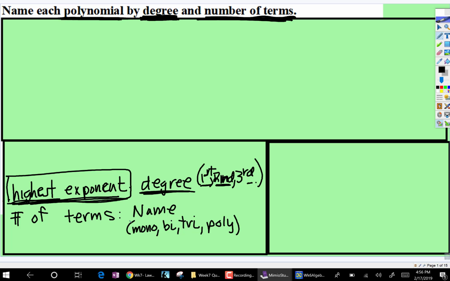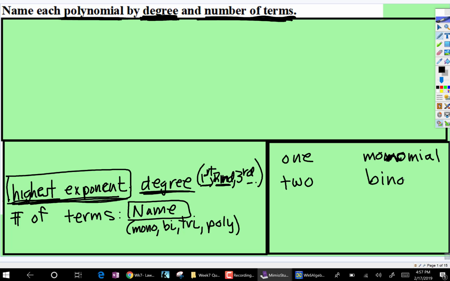And then the name comes by the number of terms. So if there's one term, it's called a monomial. If there are two terms, that's a binomial.